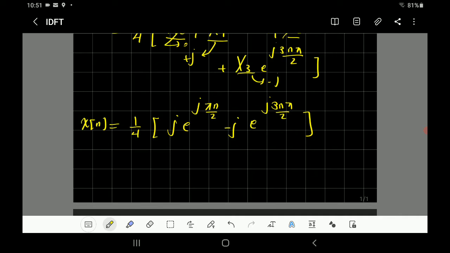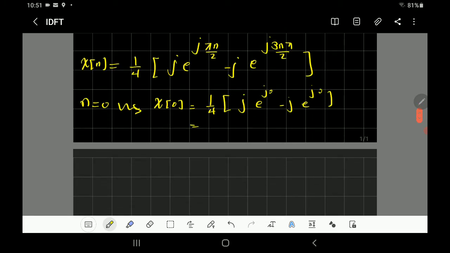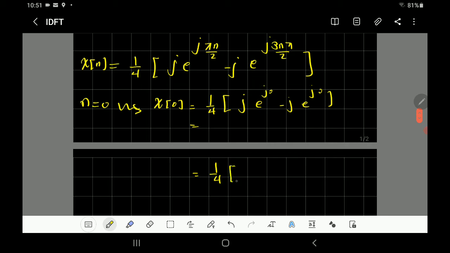Now you start substituting n equals 0, 1, 2, 3. So let's see the value when n equals 0. x[0] is equal to 1/4 times j e to the power of j0 minus j e to the power of j0. It will be equal to 1/4 times j, e to the power 0 equal 1, minus j, so it's equal to 0. So that's the first value.